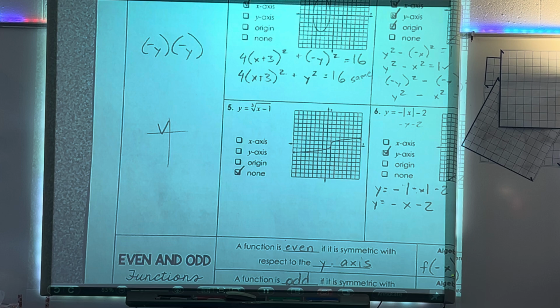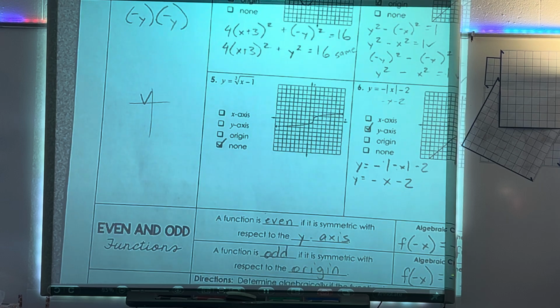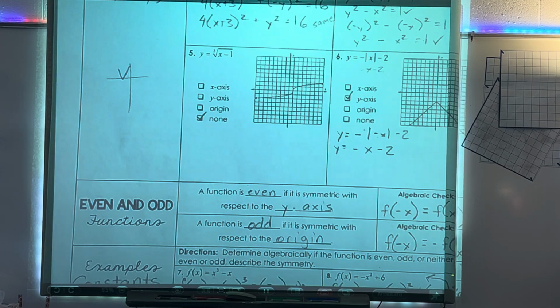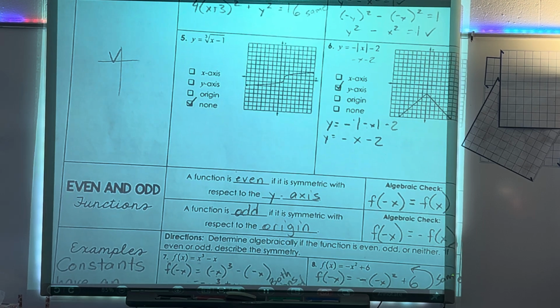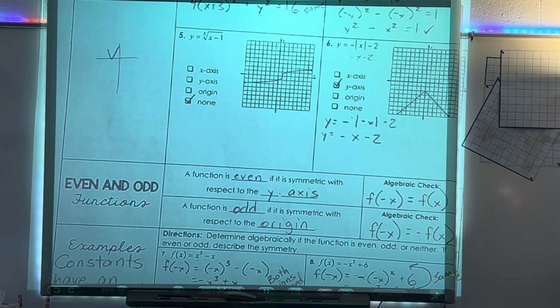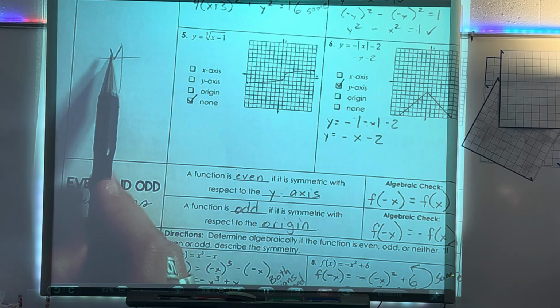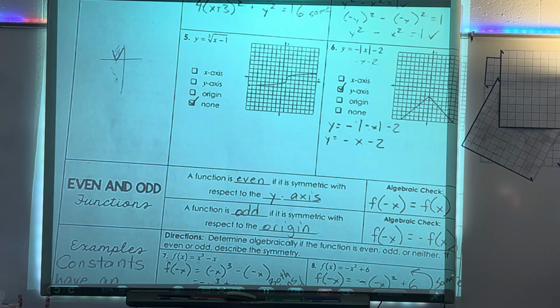So if I plug in a negative, in all actuality the whole thing is going to stay the same, so it would still be qualified as an even function. However, it does not have symmetry at that axis line, because the original is shifted over. The symmetry stays the same, it's just that the symmetry is right here. That one's just a little bit different.